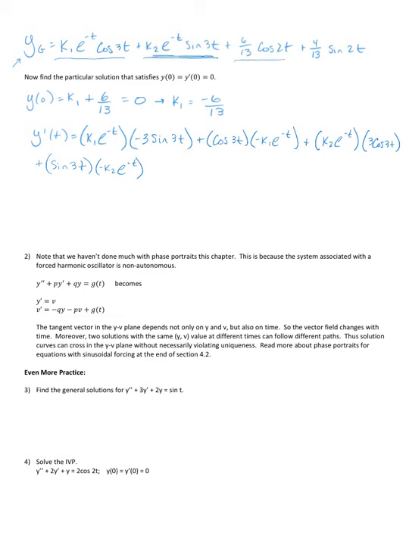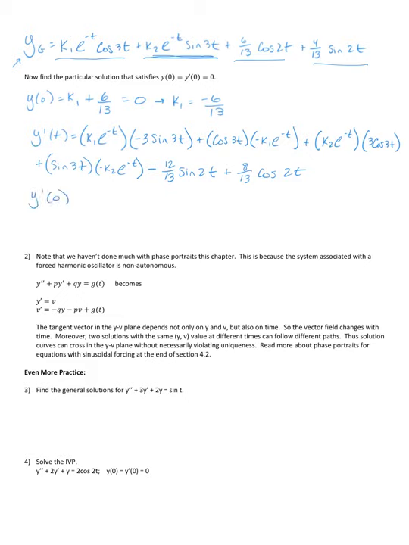Now the derivative of this term and this term are not product rules, thankfully. So this is just, the derivative of cosine is negative sine. And then the chain rule means that's going to be minus 12/13 sine 2t. And the derivative of sine is cosine, so this is going to be plus 8/13 cosine 2t. All right, so that's y prime.